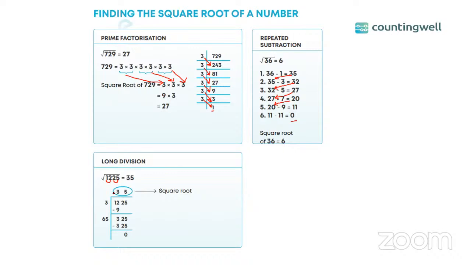So we have 3 times 3 equals 9. Subtracting 12 minus 9, we get 3. We take the next pair 25 directly down. So we have 65 into 5 as 325. We repeat the process till we get 0. So the square root of 1225 is nothing but 35.